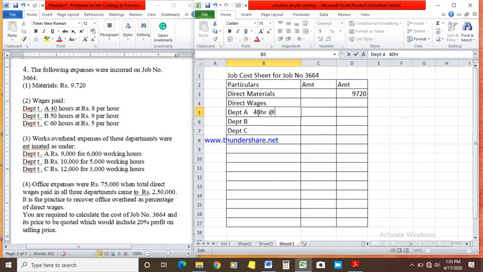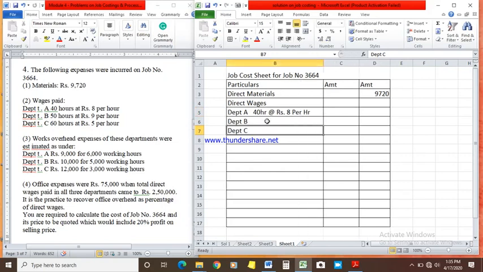Department A is 40 hours at rupees 8 per hour. That comes to 40 into 8, 320. 50 hours at rupees 9 per hour, 50 into 9. 60 hours at rupees 5 per hour.